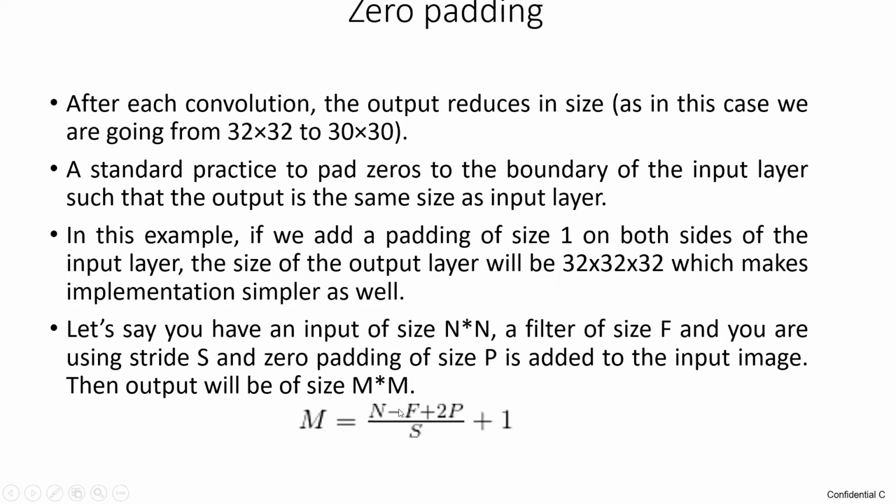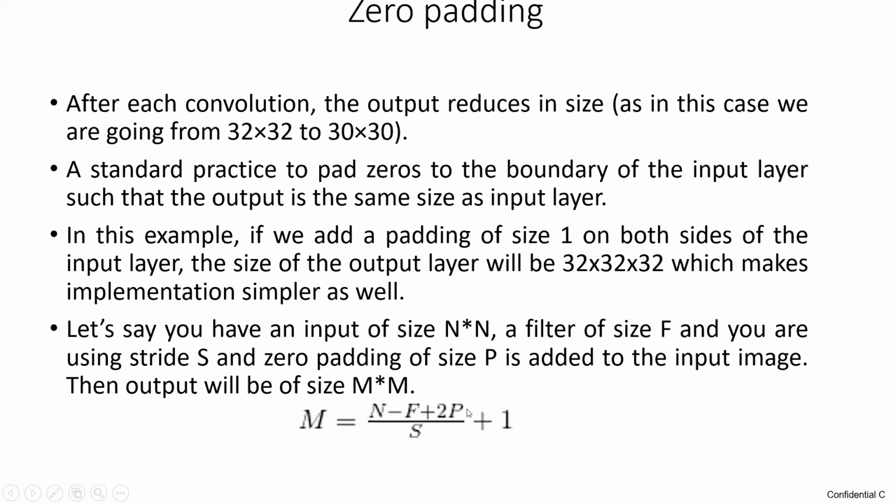So 32 minus 3 becomes 29. And the stride value, how many pixels we move the kernel or the filter, is 1. So 29 divided by 1 plus 1 becomes 30. So if you don't use zero padding, and you use 3 cross 3 filters for an input of 32 cross 32, the output will be 30 cross 30.